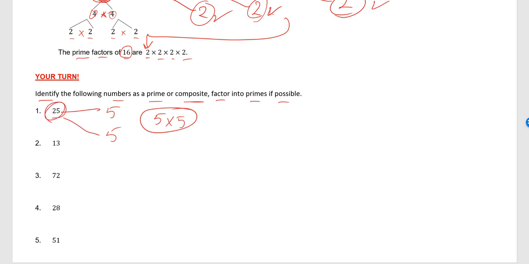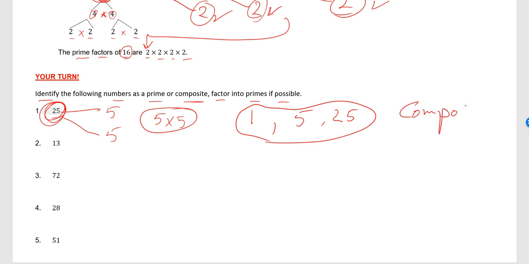So this is a composite number. 25 is a composite number because it breaks down further. It has more factors than 1 and itself. So 25 has the factors 1, 25, and then 5 also. So these are the factors for 25. That's why it is a composite number.